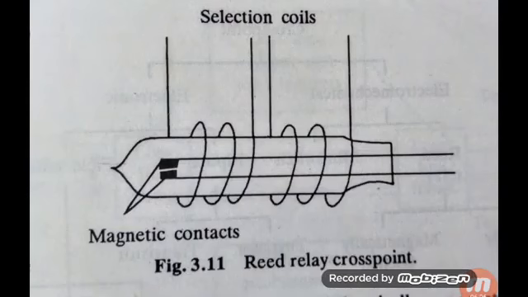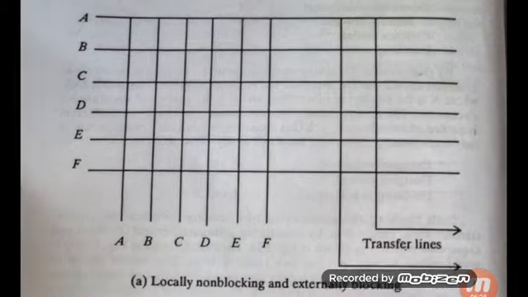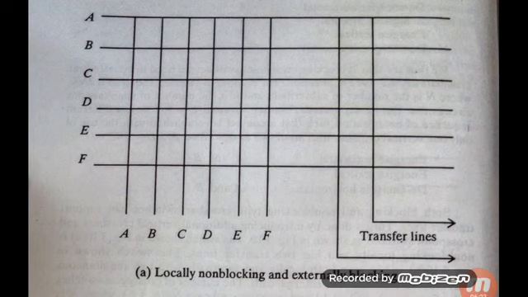Here we are using both electric and magnetic contact coils to separate the tracks with the help of the reed relay crosspoint. These are also different track lines. Both are used to share the information or connect calls from subscribers, and at the same time separate the transfer data lines.